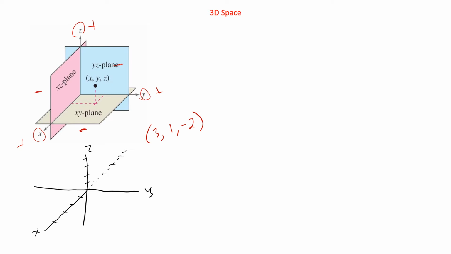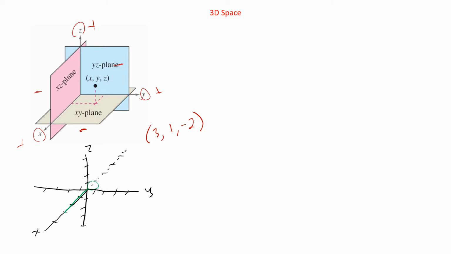Graphing in 3 dimensions is not quite as much of a science as 2 dimensions. It's more of an art form, and it probably won't look perfect. But how we do it, so we're going to always start at the origin. We're going to go 3 in the x direction. So that would be 1, 2, 3. And now we need to move 1 in the y direction. That's this distance, but not starting there.